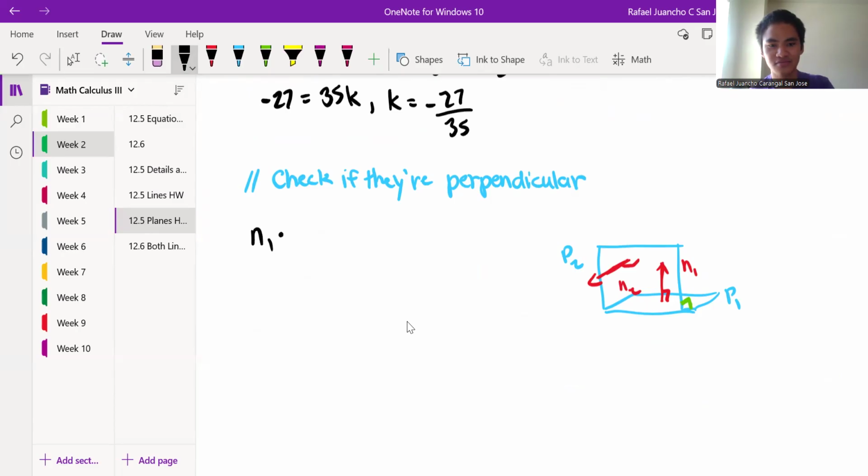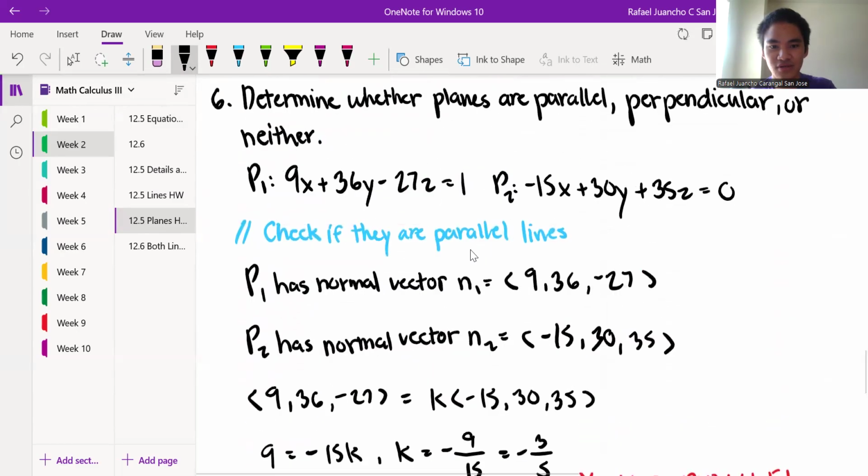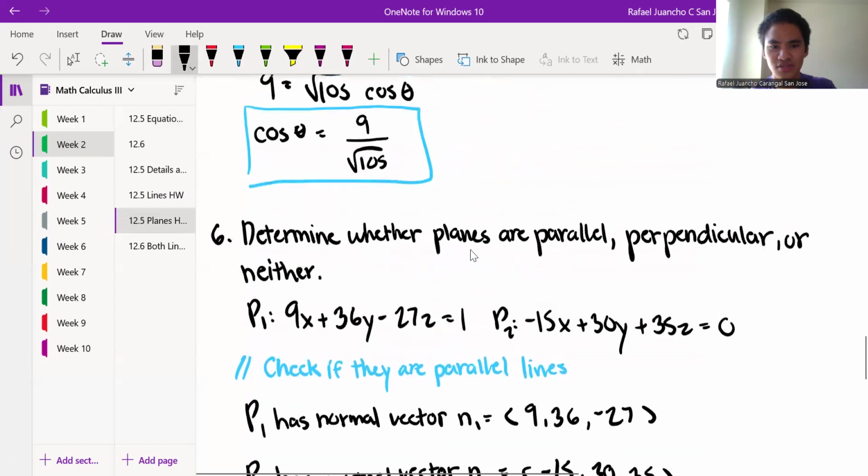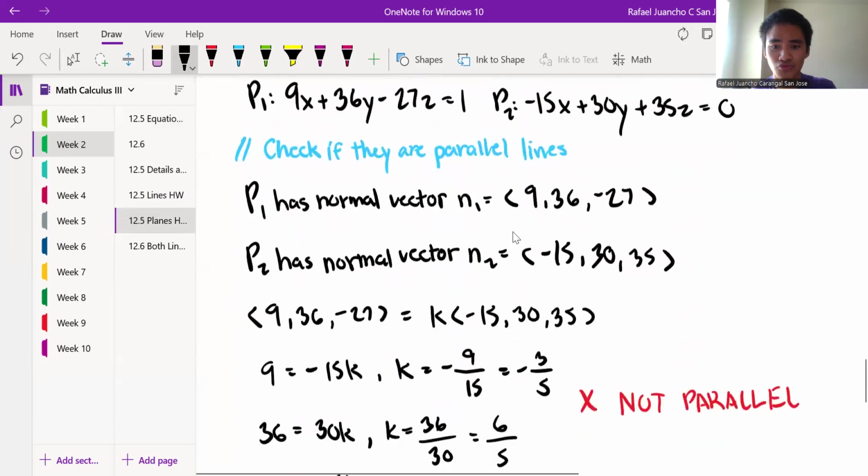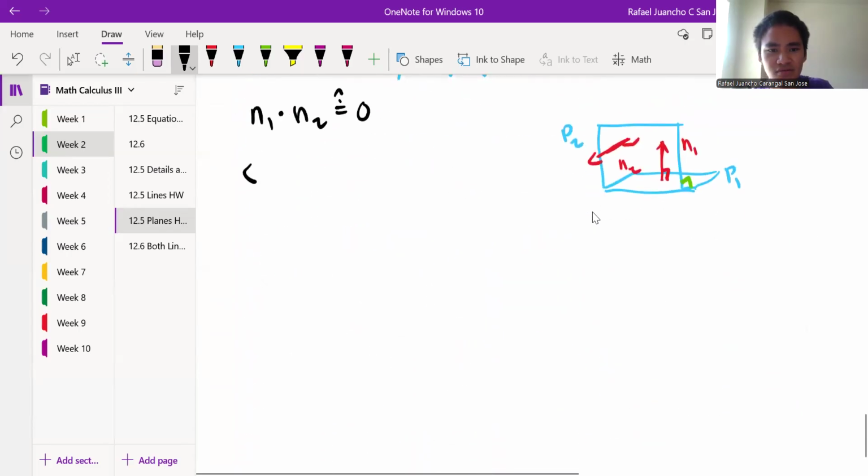So I'm going to say N1. You know what, let's do it. Is it equal to zero? So let's actually try. We have N1, which is a big number. 9, 36, negative 27.